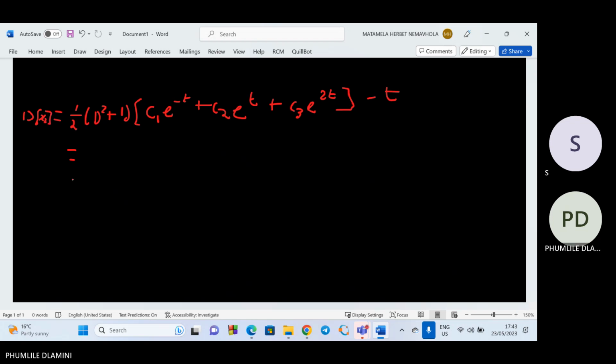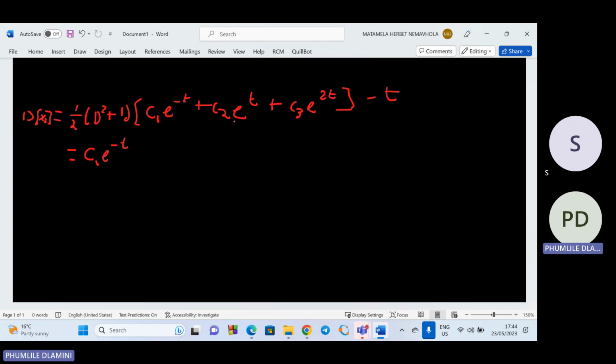Then we can first divide by 1 over 2, it is up to you, or you can first differentiate. I'm going to first differentiate everything. If I differentiate this one 2 times, it's going to be negative and then positive again, so c1 e to the power negative t.